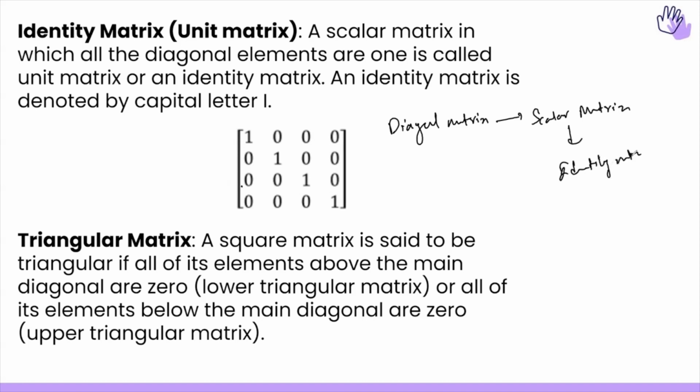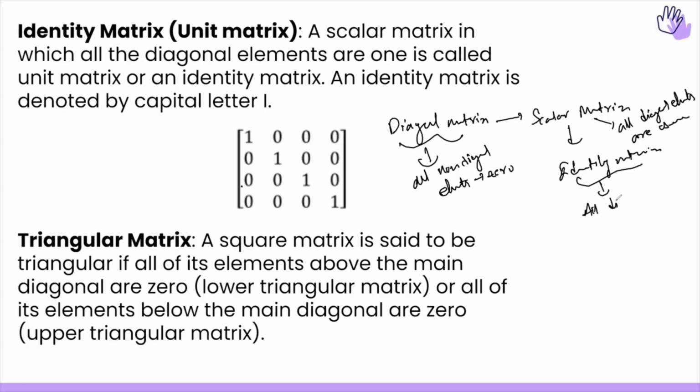Here all non-diagonal elements are 0, and in the scalar matrix all diagonal elements are the same, and here all diagonal elements are 1. That's the only thing. This is an extension from diagonal matrix to scalar matrix, and from that to identity matrix. I hope you people have understood.